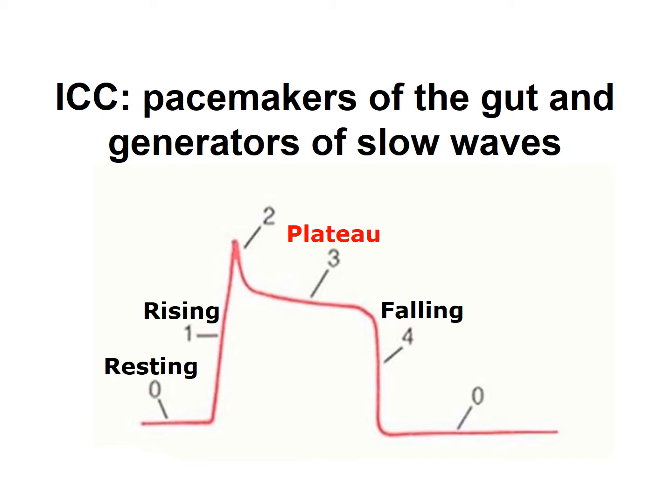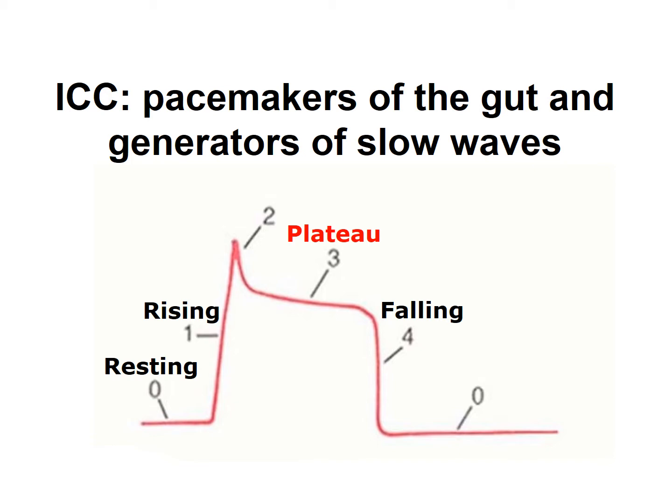The requirements for contraction to take place in the gut is first, we have to have a slow wave coming from the interstitial cell of Cajal, or ICC. We have to have a slow wave that comes from the ICC.